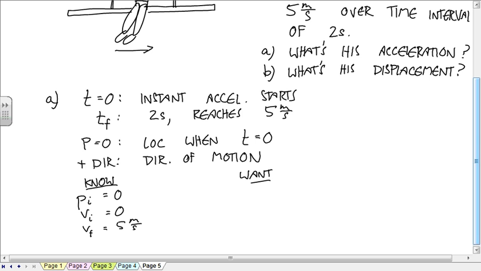Do we know the acceleration? No, that's what we're trying to find. And do we know t final? Yes. 2 seconds. So is there an equation that works with those? Yeah, the first one should work. So 5 meters per second, I'll write this on the next page.